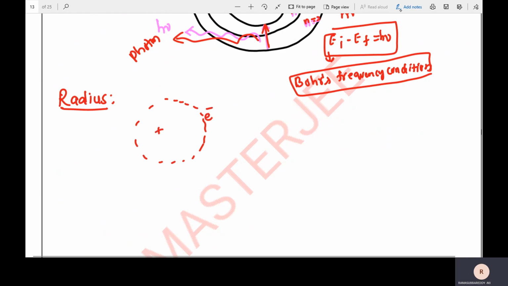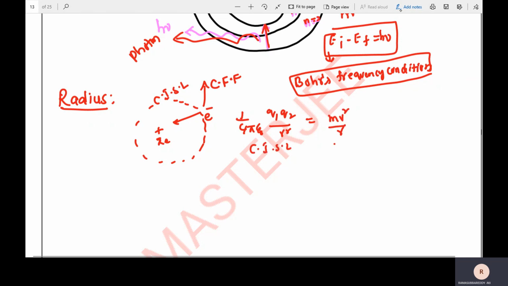This is the nucleus Ze, and when the electron is revolving in a circular path, the centrifugal force is balanced by Coulomb's inverse square law. Here we have two charges. What is Coulomb's inverse square law? That is 1 by 4 pi epsilon naught q1 q2 by r square, which is equal to mv square by r, that is the centrifugal force.